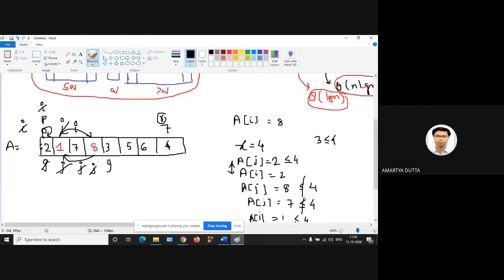So 7 will be exchanged with 3. So this will be your 3 and this will be your 7.